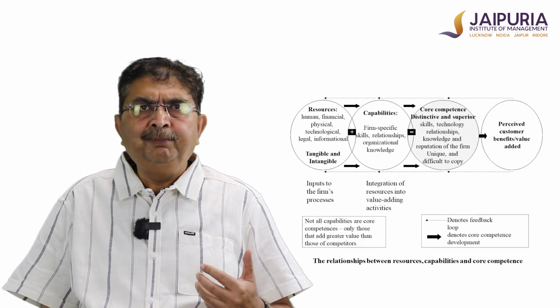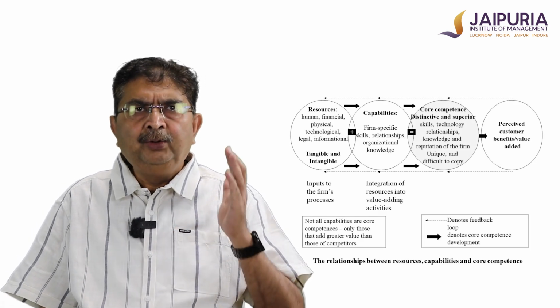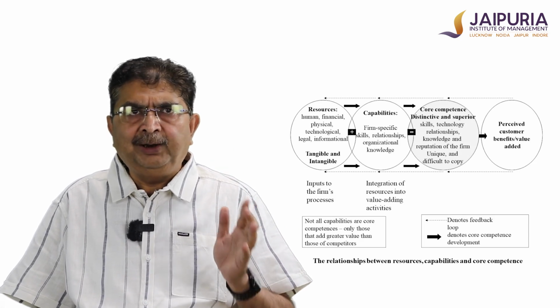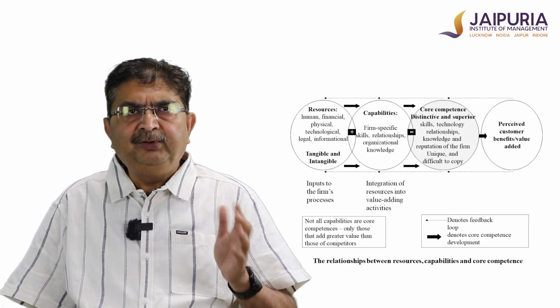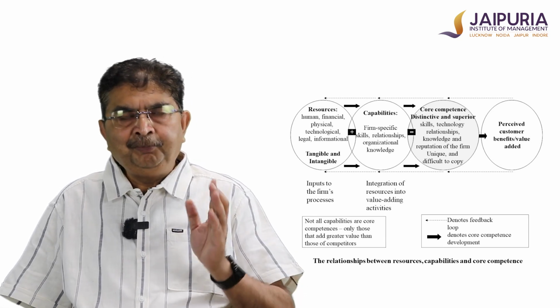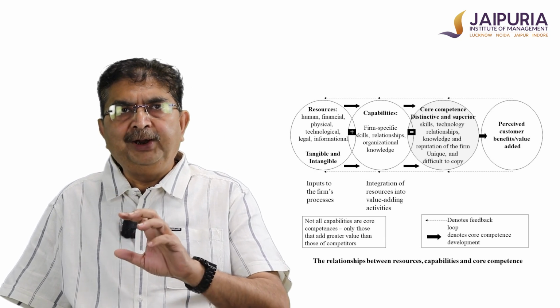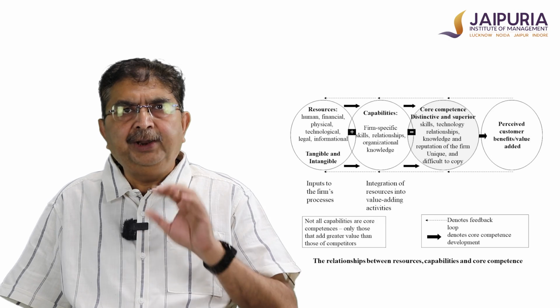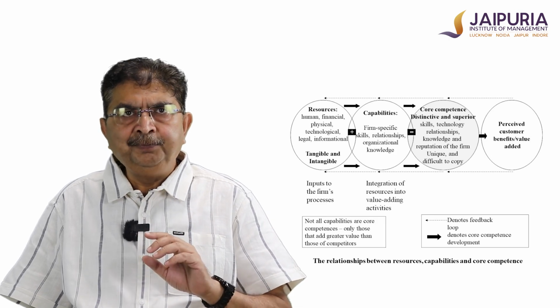Now here in this particular diagram, you can see the relationship. Things start with resources that may comprise human, financial, physical, technological, legal, and informational resources. Then they get converted into capabilities, which is about how the resources are being combined, managed, and leveraged by the organization.